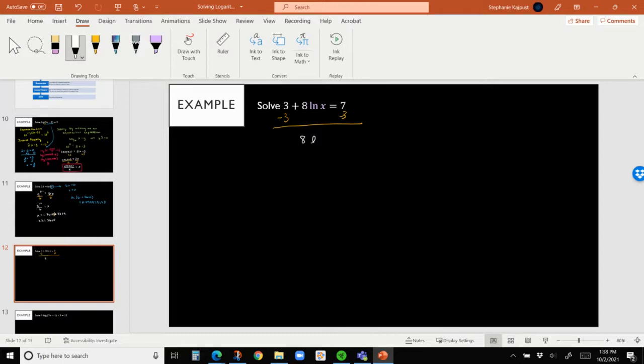And that gives us 8 times the natural log of x equals 4. Then we're going to divide both sides by 8 because we're trying to get the natural log by itself. So we get the natural log of x is equal to 4 over 8, which is 1/2.